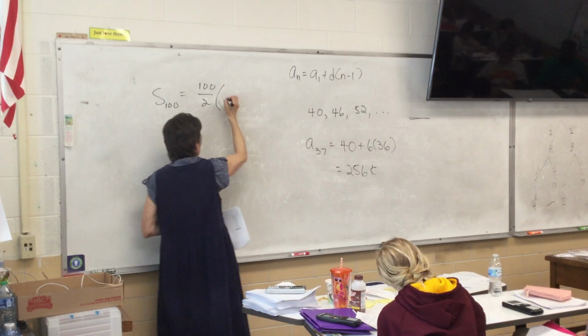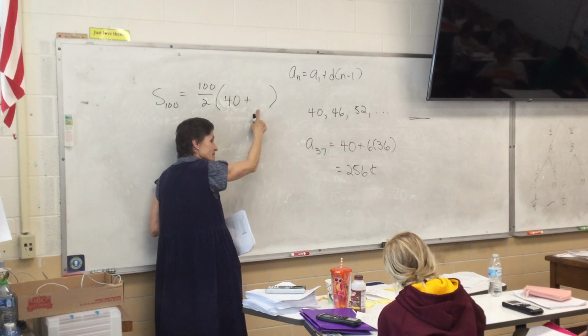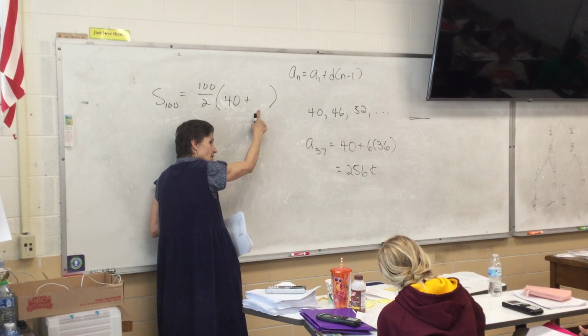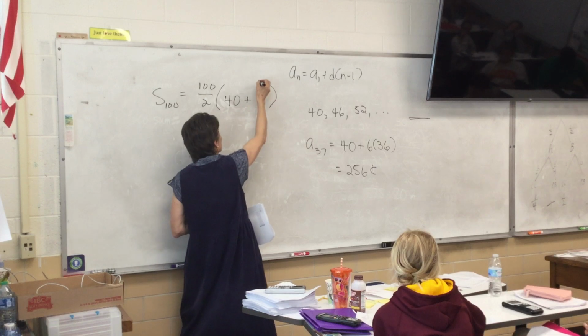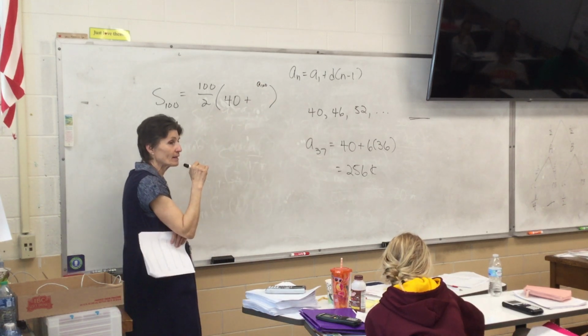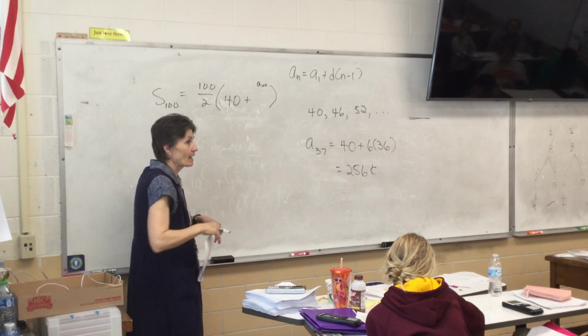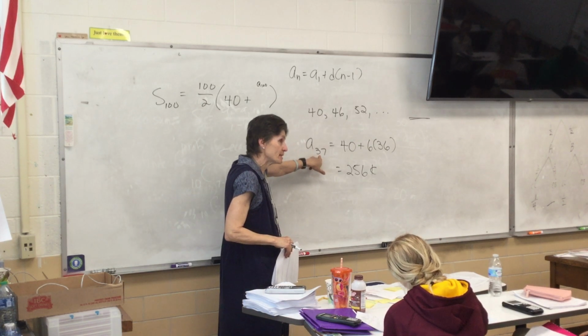First day was 40. Oh, shoot. What goes here? The last one. Well, in this case, it'd be the 100th term, and I don't know that. That's the last day's savings, so what am I gonna have to do? Abby? I'm gonna have to do this again, except I'm gonna put 100 here.